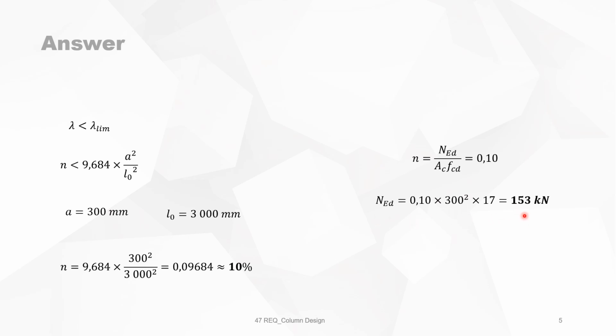If you load it more than 153, then you have to take second order effects into account. It means roughly that you have to take second order into account in most cases.